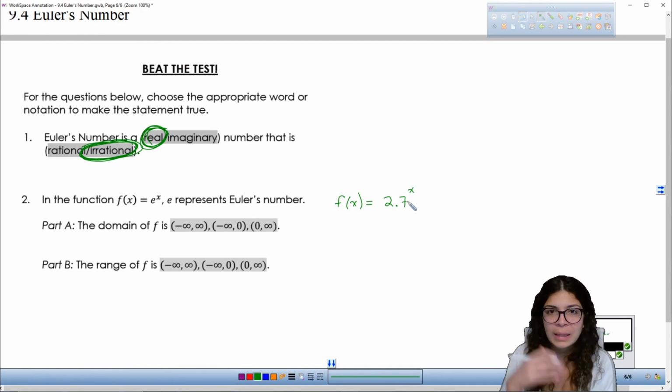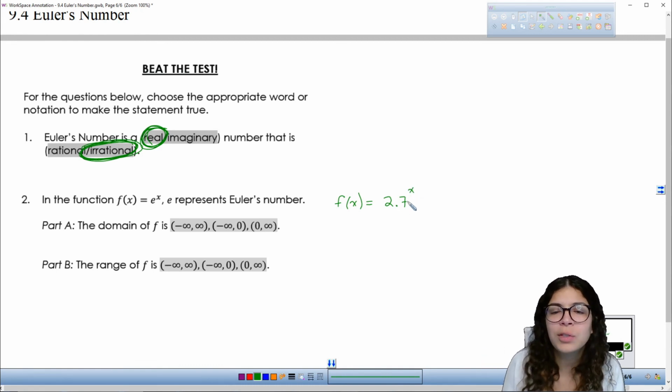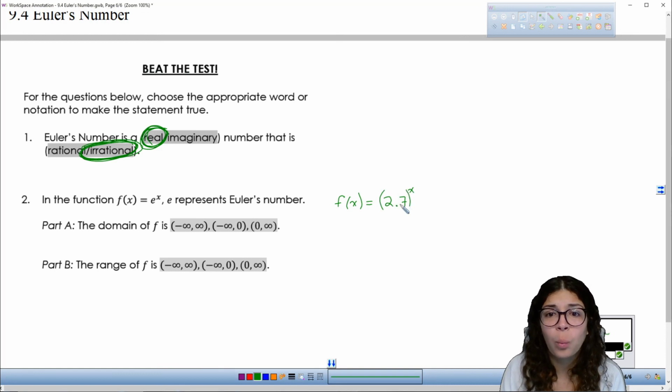For the sake of the idea that I want to point out, let's just say e is 2.7; we're going to round it. Remember that for exponential functions, if the base is bigger than 1, it is exponential growth. So this function where the base is Euler's number is an exponential growth problem, and remember that starts off slow and then quickly increases.